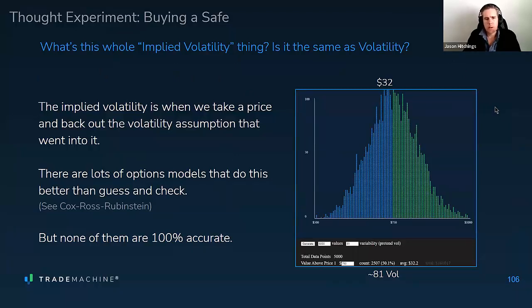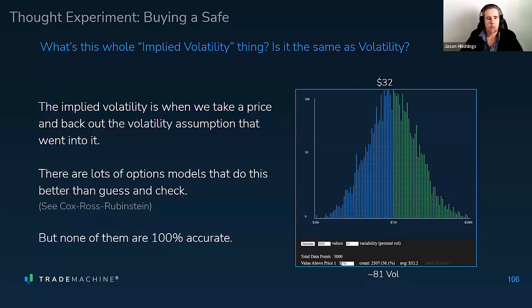So there'll be a bid-ask spread. Something might be trading for $1 at $1.20. So when your brokerage or hedge funds or algo shops are trying to say, what are people guessing that the volatility of the underlying is, they take the midpoint of $1.10 and they run simulations in order to come up with what the volatility assumption is.